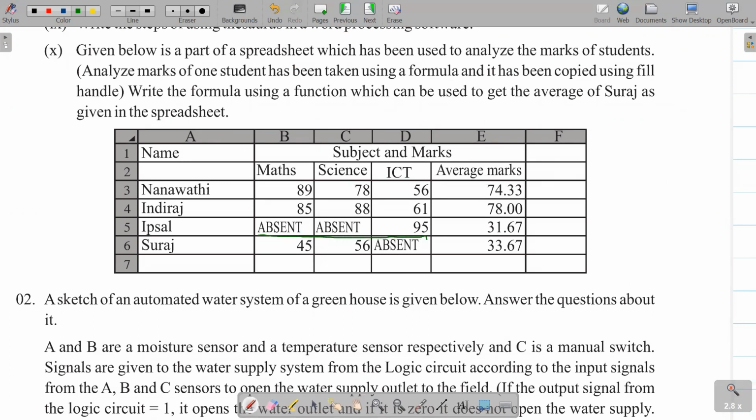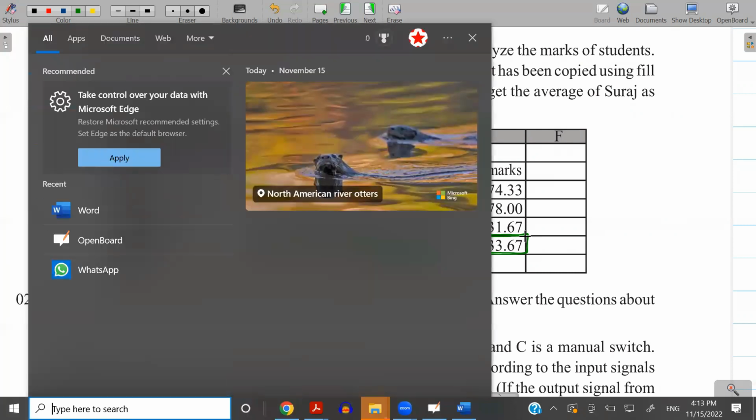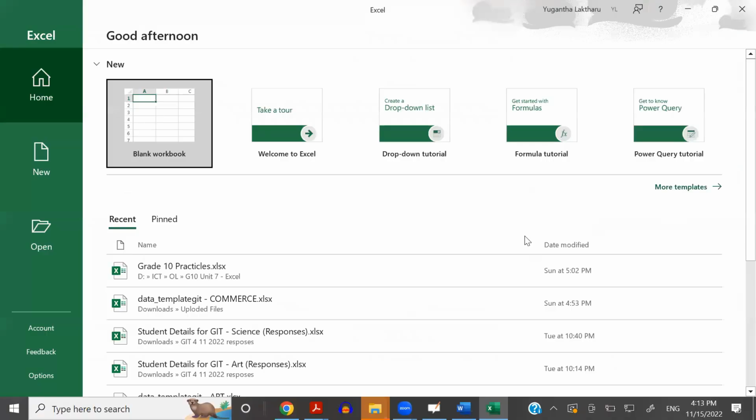So you have to take the average of these things, right? So the problem is this 33.67 is there by adding 45, 56 and divided by 3. And if you are going to do it inside Excel, see what's happening.